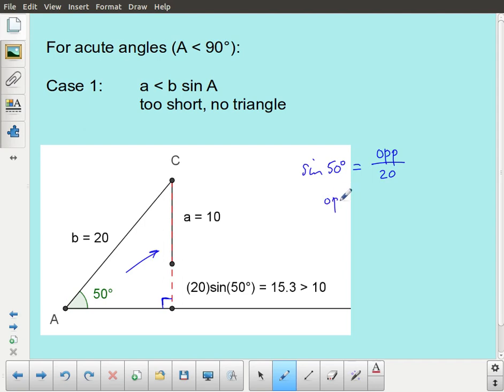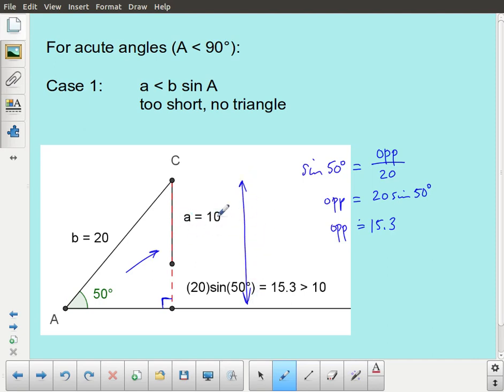That means the opposite side must be equal to 20 sine 50 degrees, which is approximately 15.3. So 15.3 is this distance from here to here.